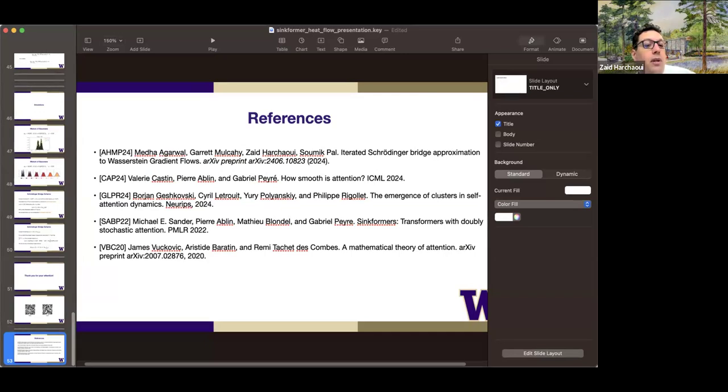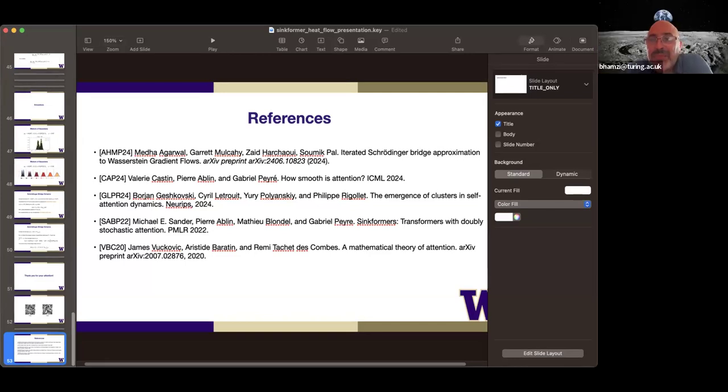One by Vukovic, Baratin, and Taché-Descombes in 2020, which may have been the first mathematical analysis of self-attention and transformers. And also a recent work by Castin, Ablin, and Perret, which has a more variational viewpoint on self-attention and transformers. Thank you, thank you very much. Any questions or comments?